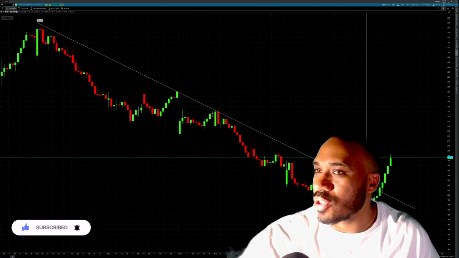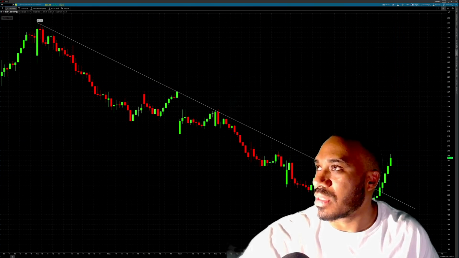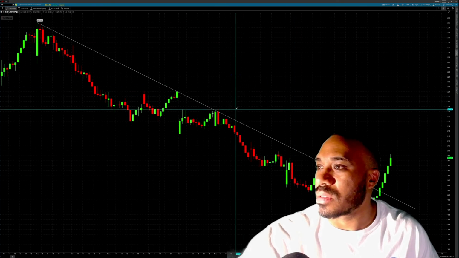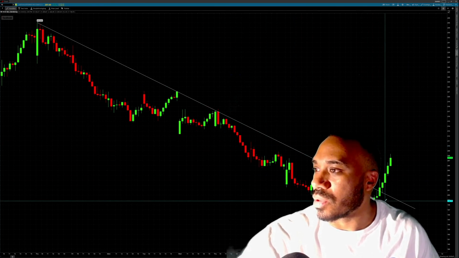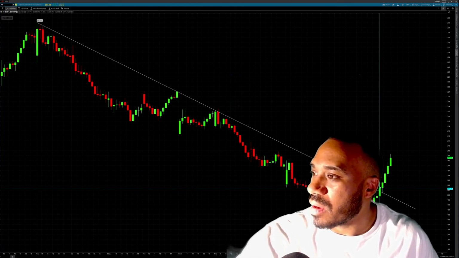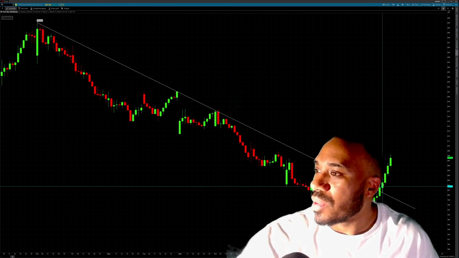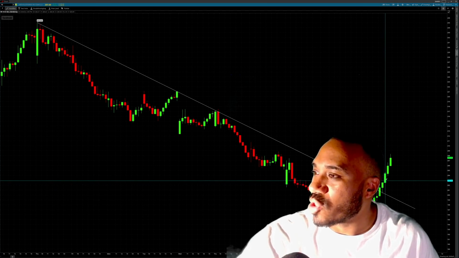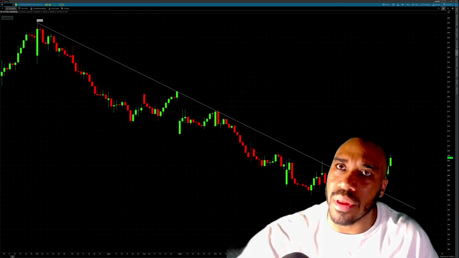So, potential change in trend. That's why we like to draw these falling resistance lines. Especially in downtrends, once you get the break, then you know there's a reversal. You can take action right on the break. Depending on your risk tolerance, you can take it either here on this candlestick at the break, on this candlestick at the retest, or on this candlestick at the confirmation of the move. Let's look for another.